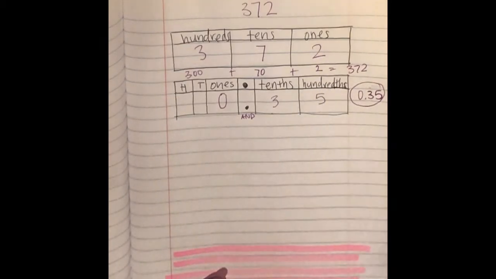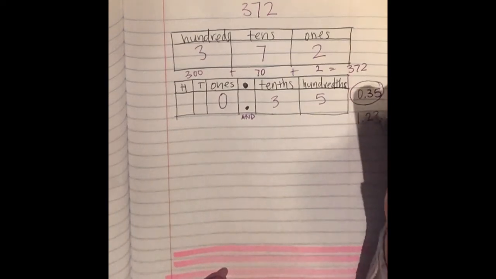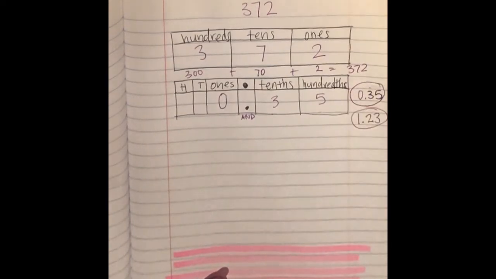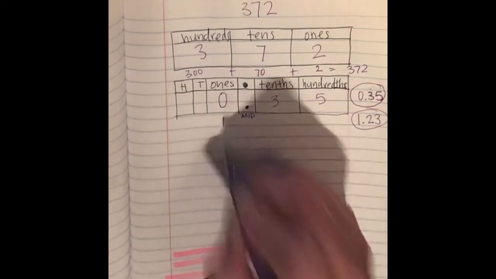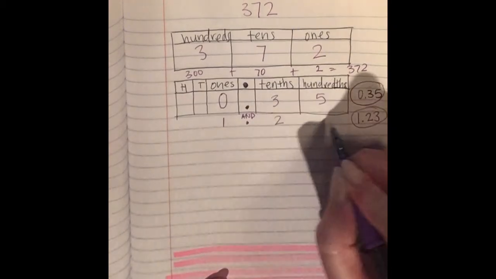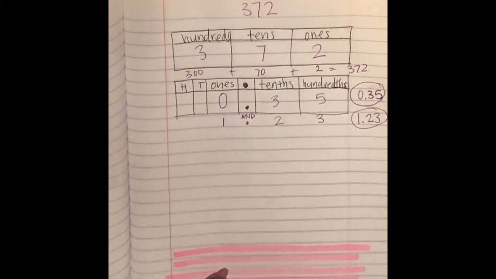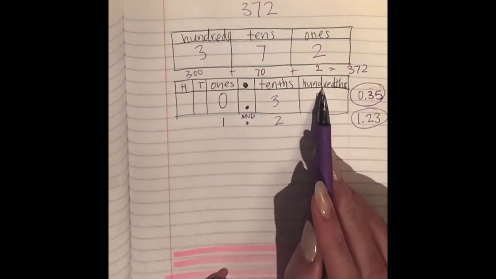Let's try another one. What if I have this number? So I'd put my 1 here, period here, 2, 3. So I'd say that as 1 and 23 hundredths.